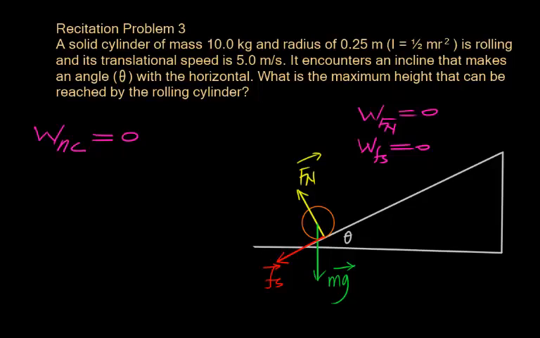Because the work done by the non-conservative force is equal to 0, the mechanical energy of the system, which is the cylinder, must be conserved. The kinetic energy initial of the cylinder plus the potential energy initial of the cylinder equals the KE final plus the PE final.